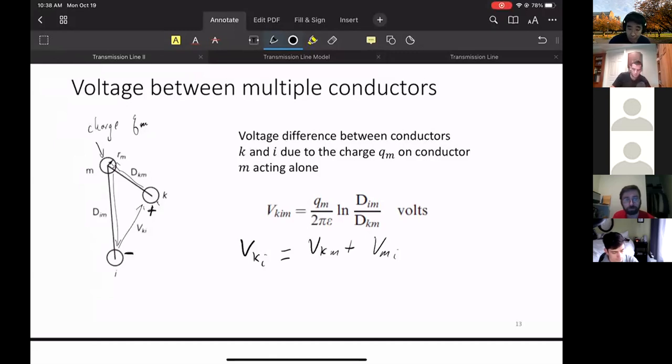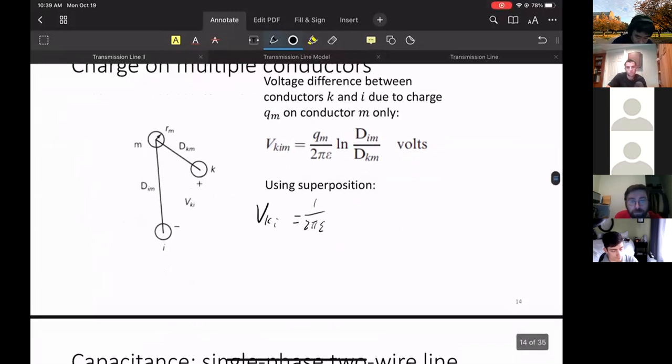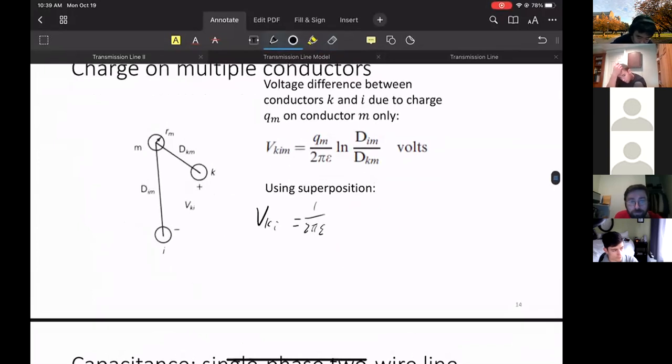When we use superposition, this voltage is simply Q over 2 pi epsilon times the log of di over dk.